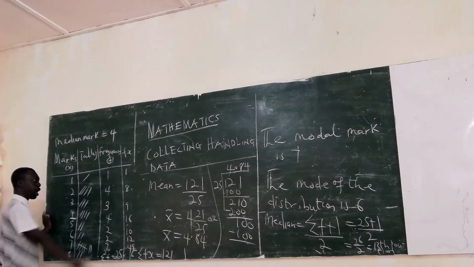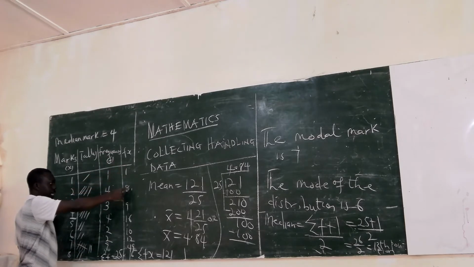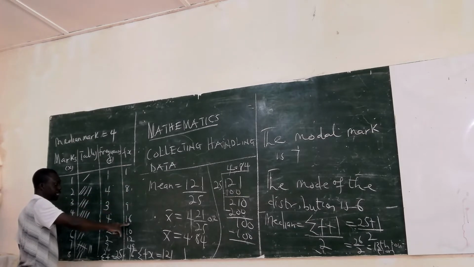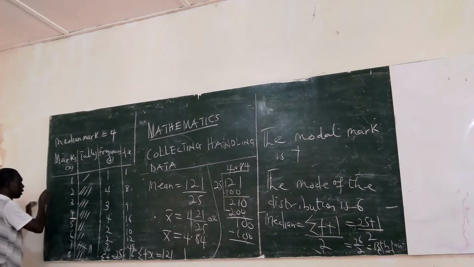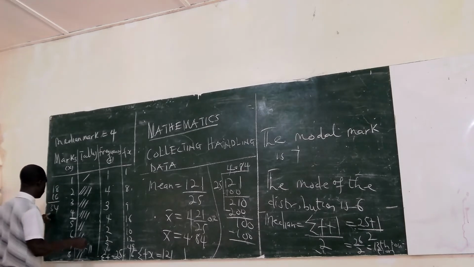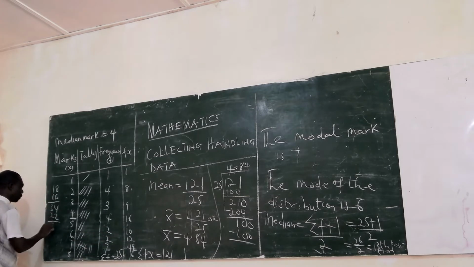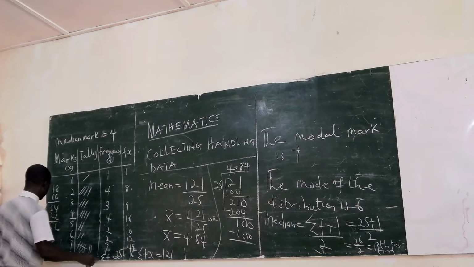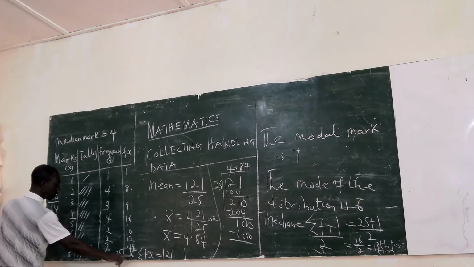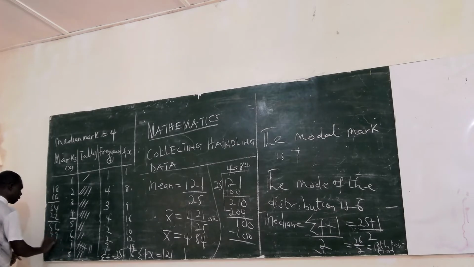After that, you sum up these numbers. 18 plus 16 is 34. 34 plus 22 is 56. 56 plus 49 is 105, plus 16 will give us 121.